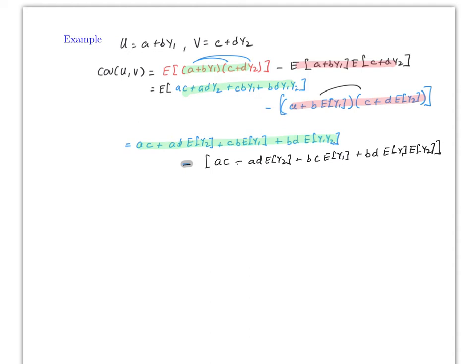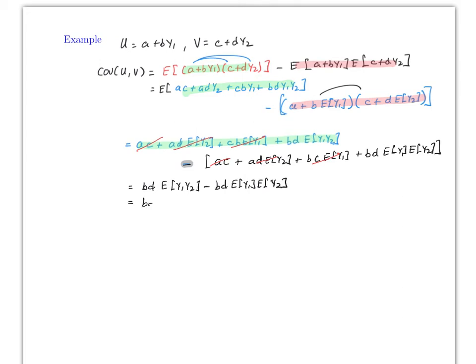All right, so notice that this will cancel, this will cancel that, this will cancel that. So the only thing left is going to be BD times the expected value of y1 y2 minus BD times the expected value of y1 times the expected value of y2.